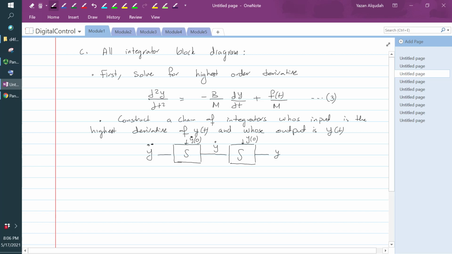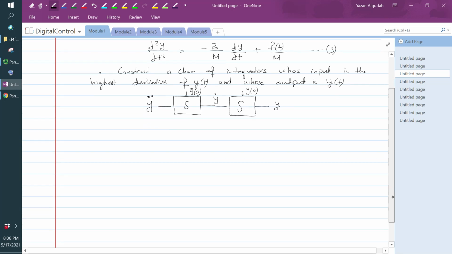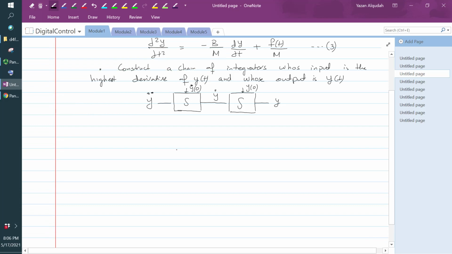After we do that, we can complete the all-integrator block diagram by noting that the highest order derivative is specified in this equation. I have y double dot, but y double dot is given by equation 3. So I repeat it: y double dot, an integrator, an integrator, y of t, and y dot here.